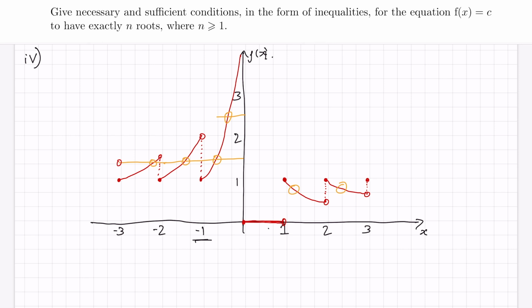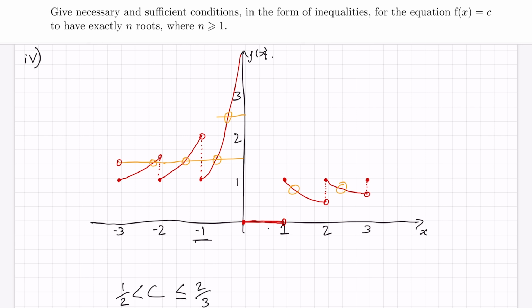Okay, so for one root, what do I need? Well, for one root, I need it to be between this point here and then this point here. And I need to be careful about my less than or equal to or greater than or equal to. So to have exactly one root, I need c to be bigger than 1/2 and less than or equal to 2/3.